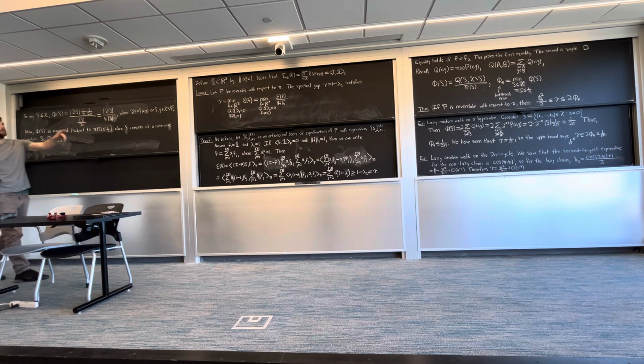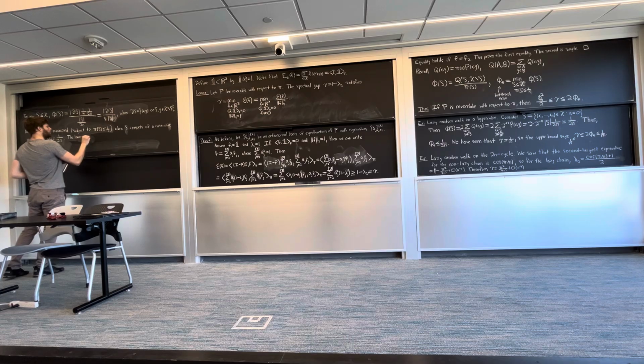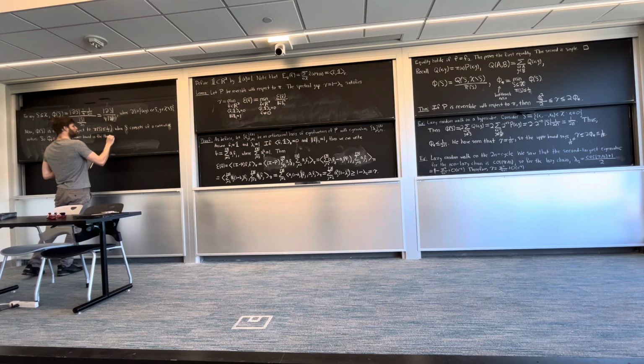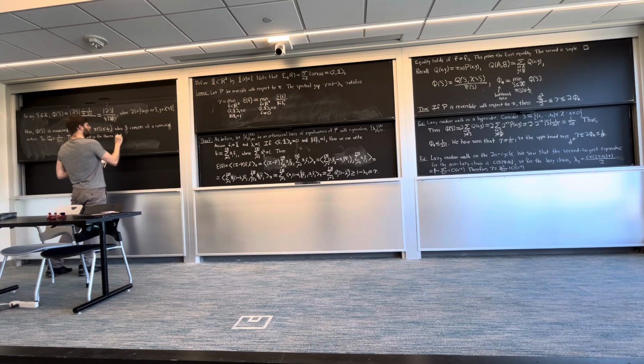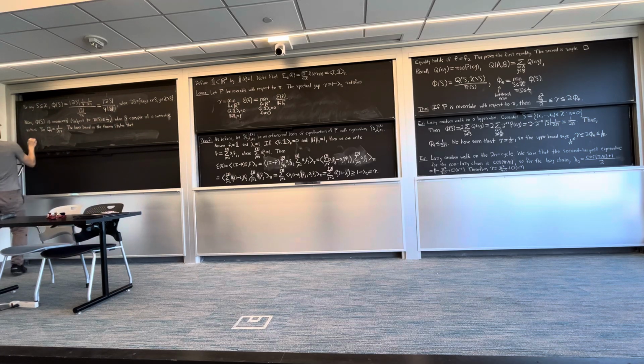Okay, so then if we look at the lower bound in the theorem, the lower bound in the theorem states that gamma is greater than or equal to 1/2 phi star squared.